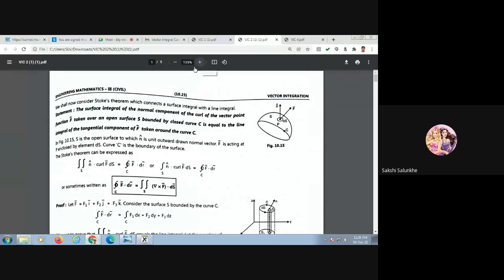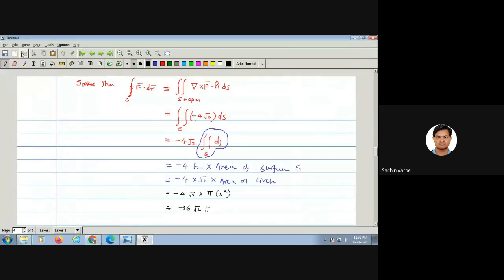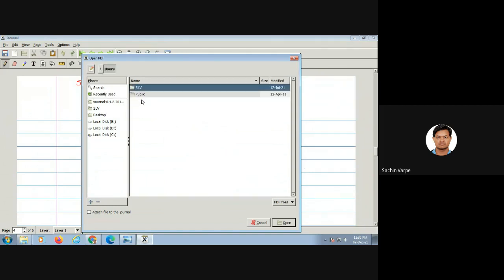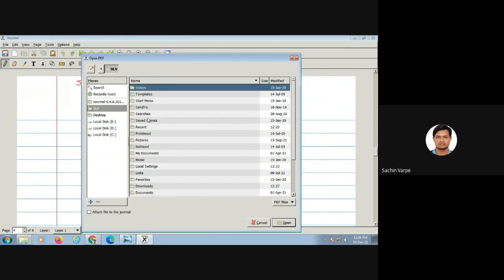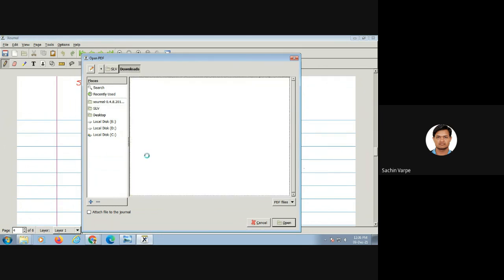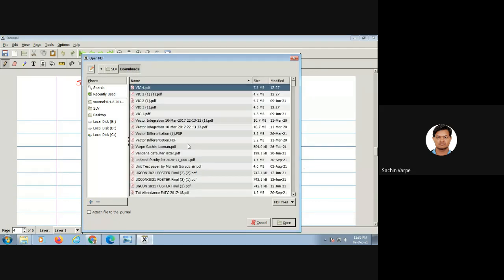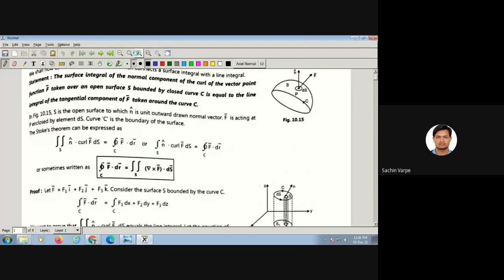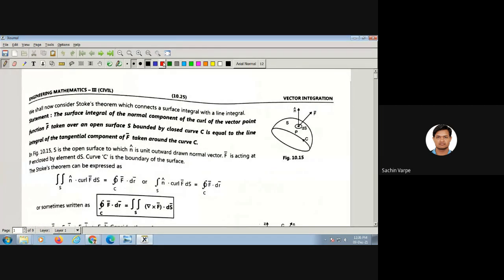Yes, sir. So the surface integral of the normal component of the curl of vector point function f bar is taken over an open surface. So this is the Stokes theorem.